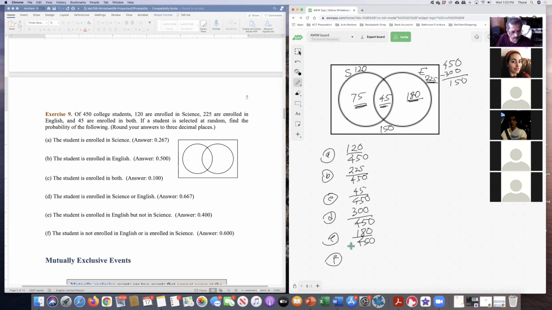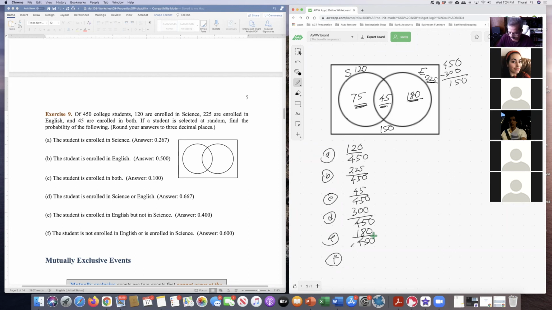Would that be 300 subtracted by 75? Is it 75 over 450? No, let me explain why. The student is not enrolled in English or is enrolled in science. So 225 is all of the E, right?